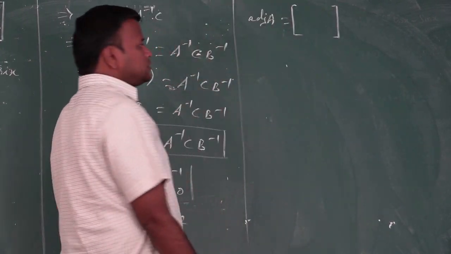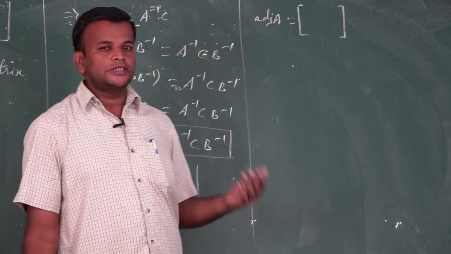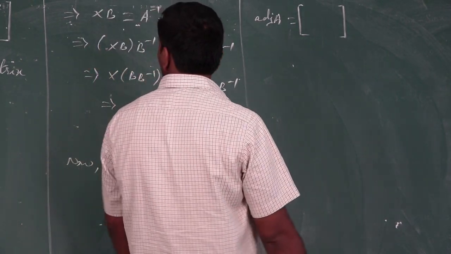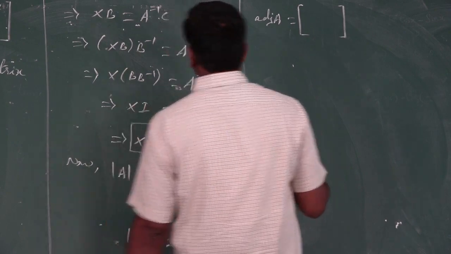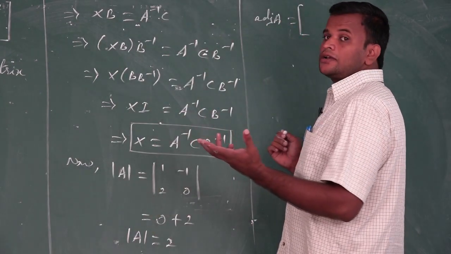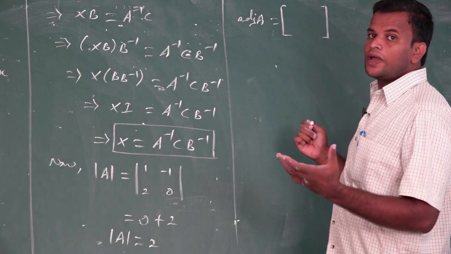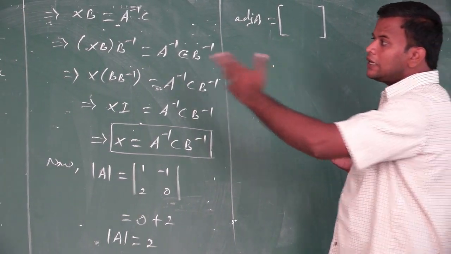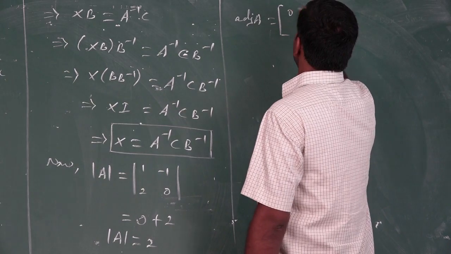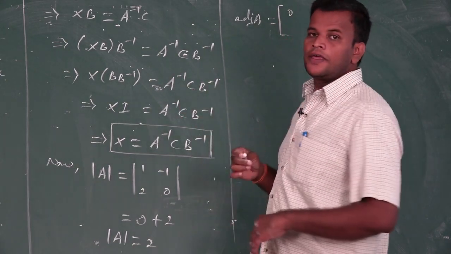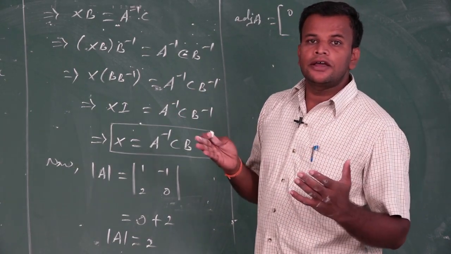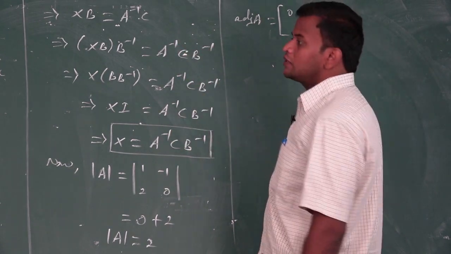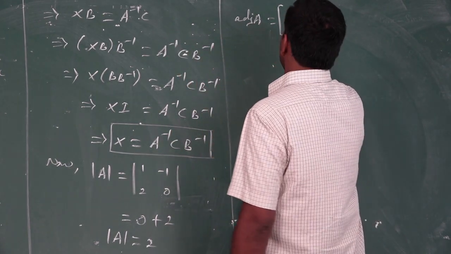Next, to find adjoint, because the formula of A inverse is 1 by determinant A into adjoint A. The value of A is 1, minus 1, 2, 0. We need its adjoint. So what is the process to find adjoint? We interchange the leading diagonal elements. The leading diagonal elements are 0, 1. We interchange. Next, change the sign of the remaining two elements. So minus 1 is there, it becomes plus 1. Plus 2 is there, it becomes minus 2.